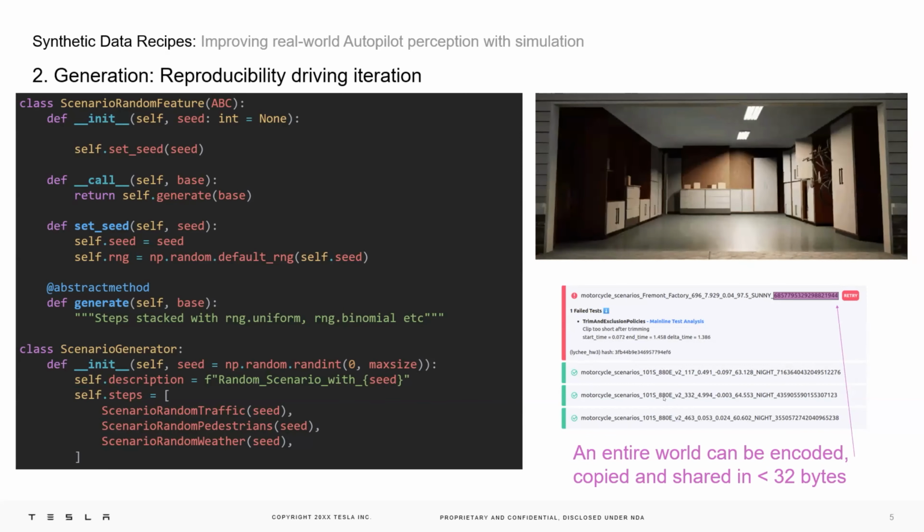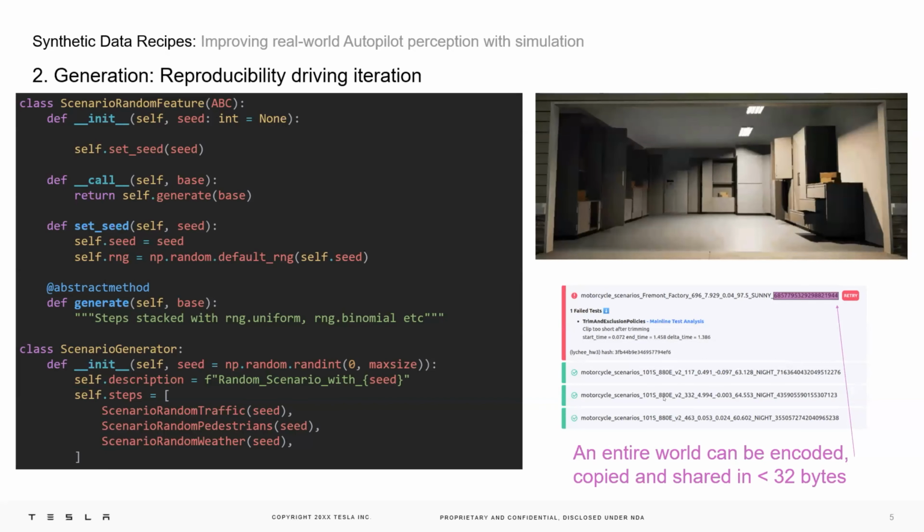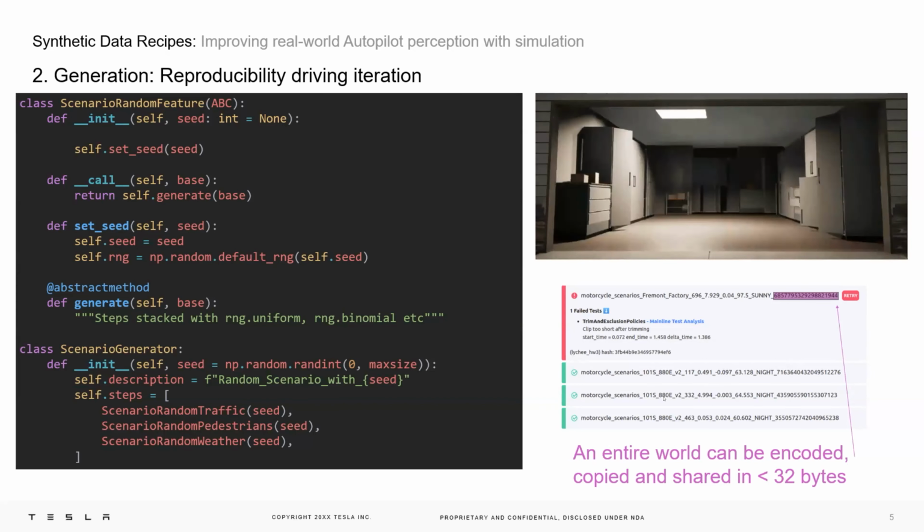A key piece to doing this is the ability to reproduce the generation of every training example in the dataset. The context here is on the top right, where you can see a random generation for the interiors of garages that we use to train an occupancy network on indoor scenes.